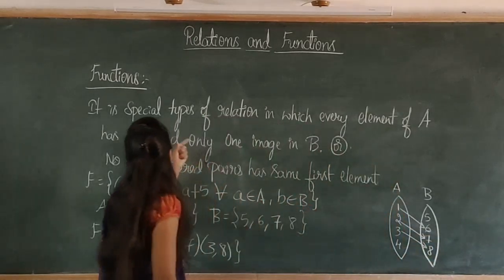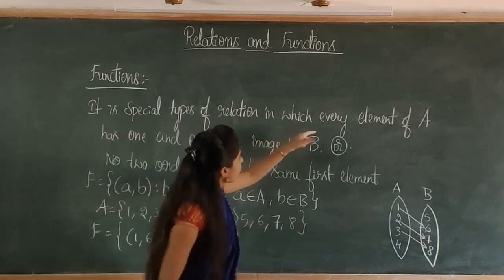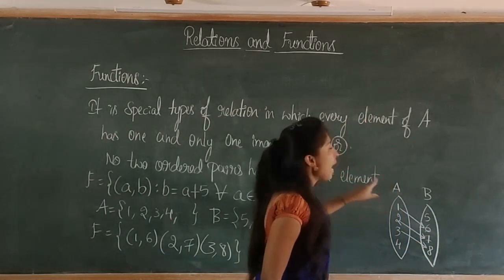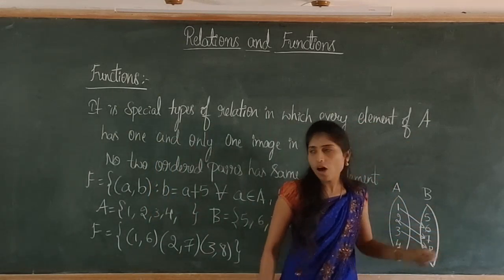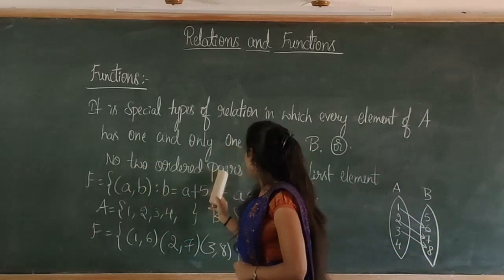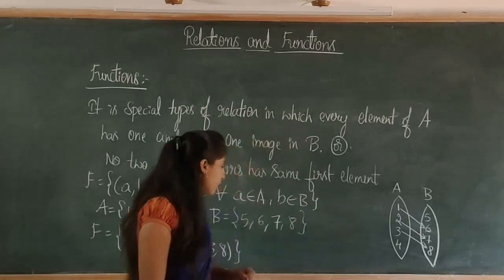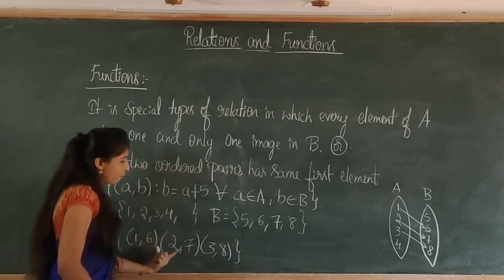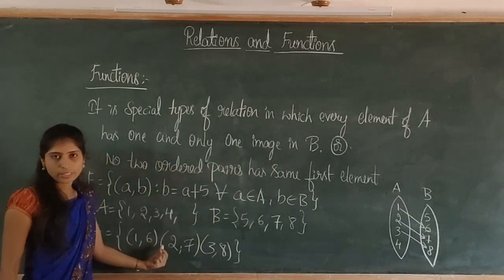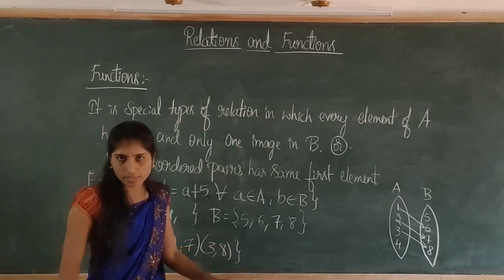See here now, every element of A has one and only one image in set B. Or you can say no two ordered pairs have the same first element. See here, the ordered pairs are different from one another. Here there is no same first element.